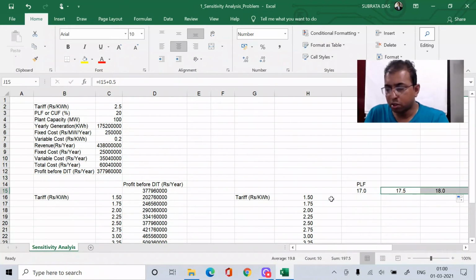So the profit we need to calculate in this range.